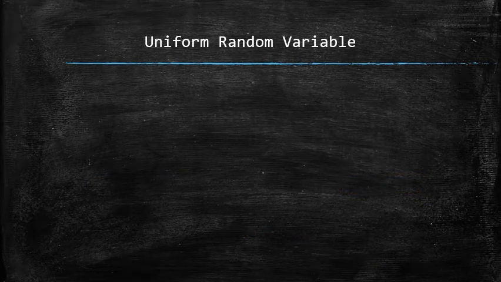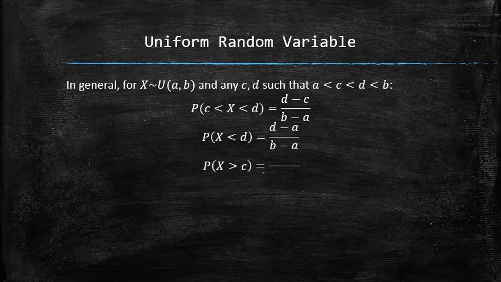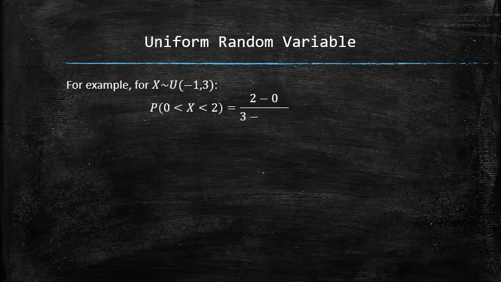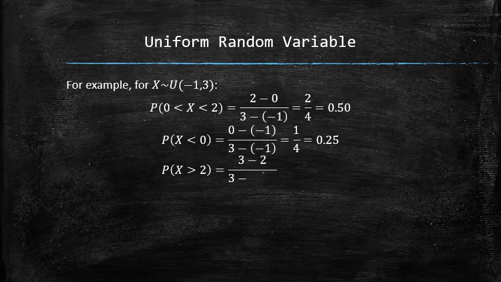In general, for any uniform random variable x with parameters a and b and any values c and d, we can discover the following formulas for computing the probabilities. For example, for the uniform random variable x with parameters -1 and 3 that we considered earlier, we can use these formulas to find the probabilities that we already found previously geometrically.